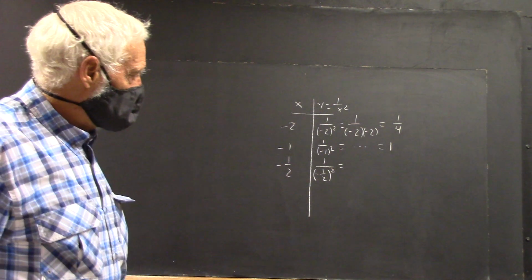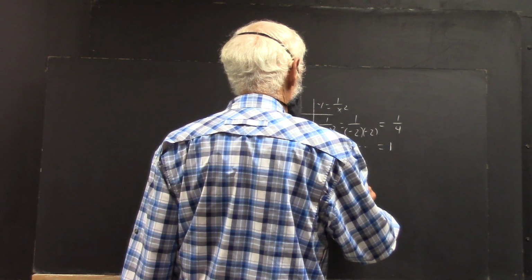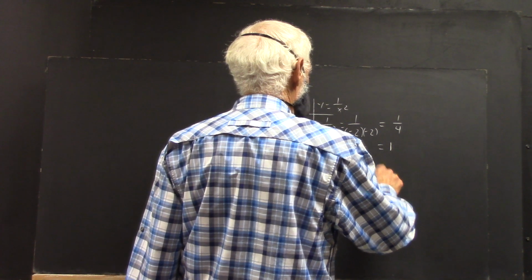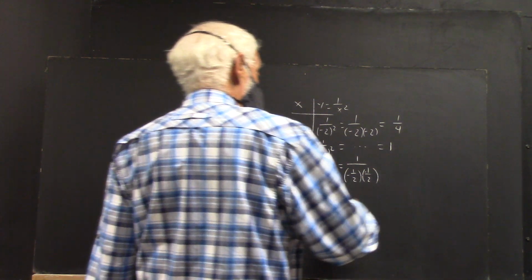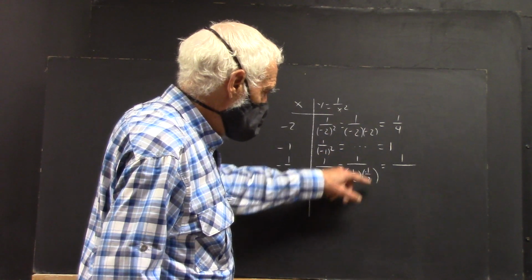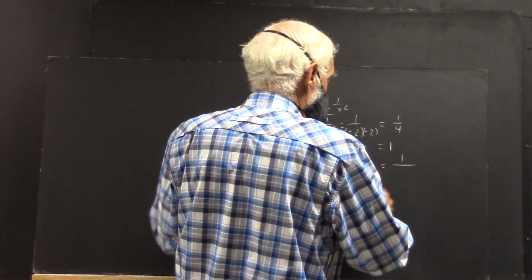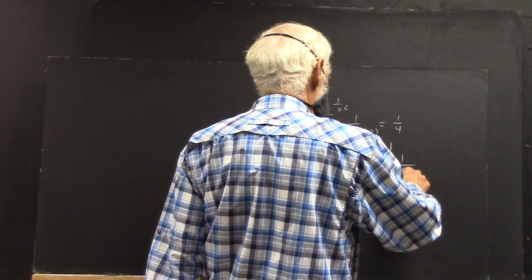One over the square of -1/2 is 1 divided by -1/2 times -1/2. Well, it's two fractions. You multiply the numerators and you multiply the denominators. Numerators are both -1, so you get 1.